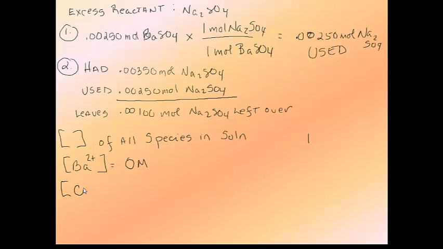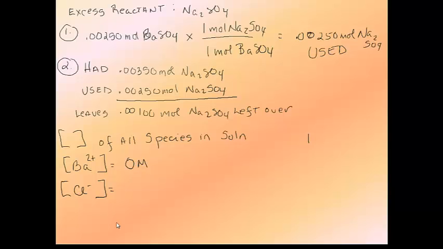All right. So then what we're going to do now is calculate the concentration, which I'm going to indicate with brackets, of all species in solution. Well, one of them is very simple. The barium of the barium chloride has been all used up. It was my limiting reactant, so it's gone. The chloride ion of the barium chloride is a spectator.